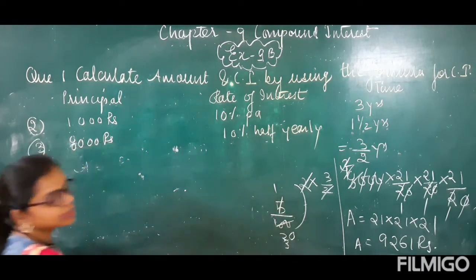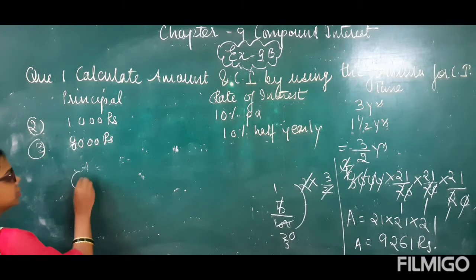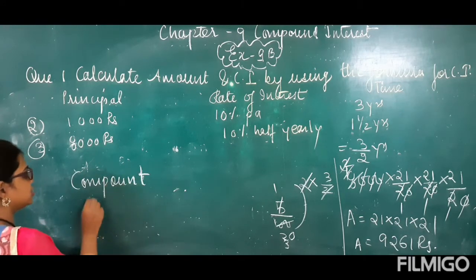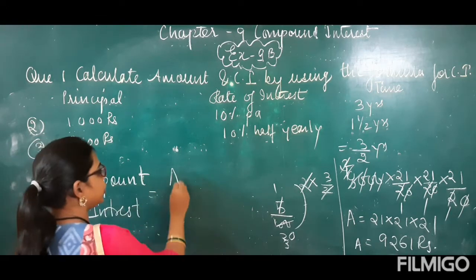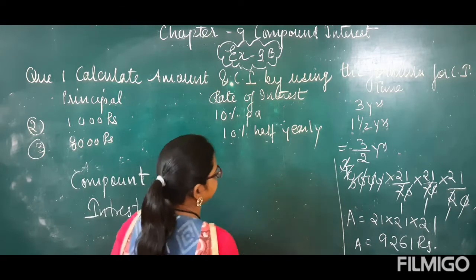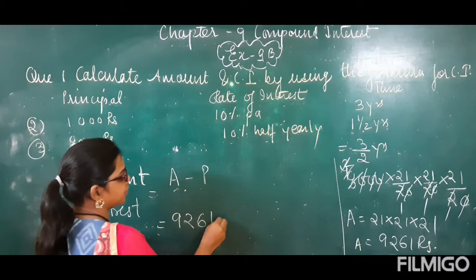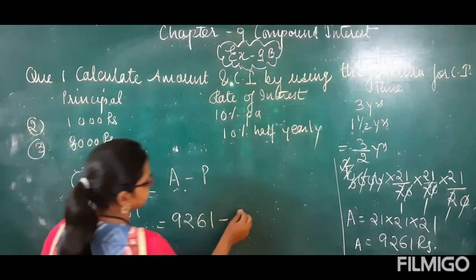So after getting the amount here as 9,261 rupees, what you have to do is find the compound interest. Compound interest is amount minus principal. Amount here is 9,261 rupees minus the principal, 8,000 rupees.